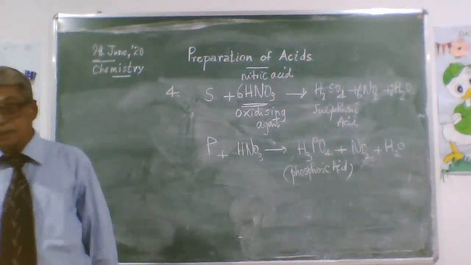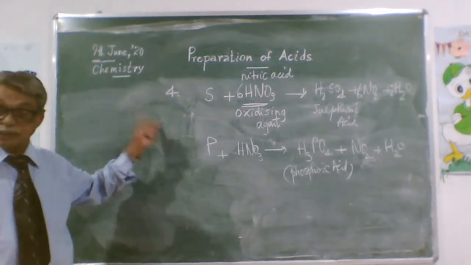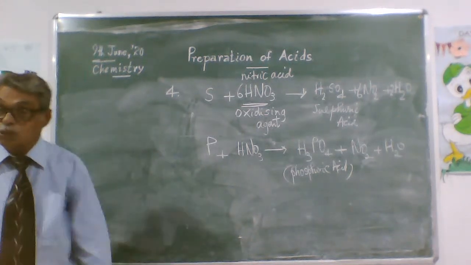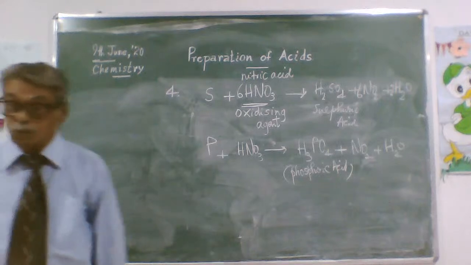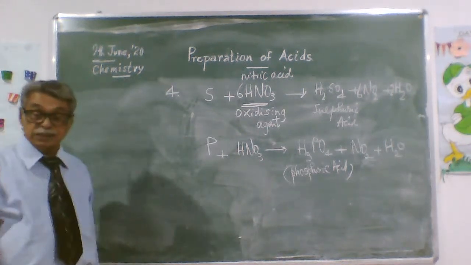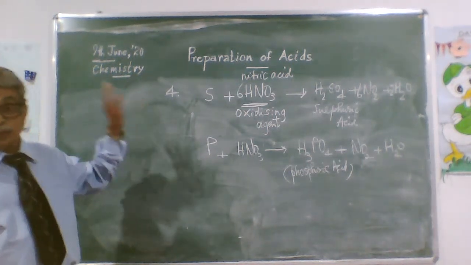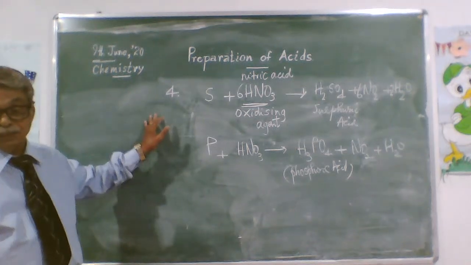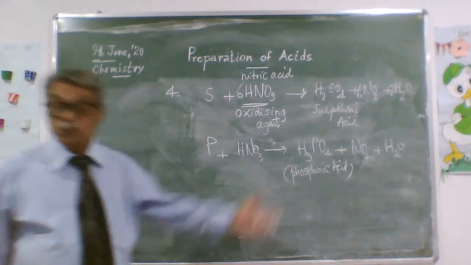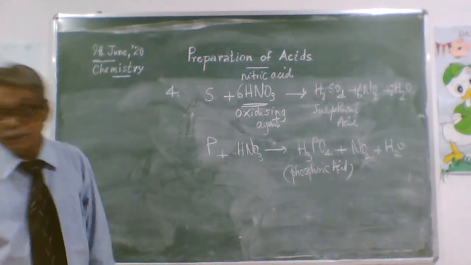The third method was double decomposition, or we consider displacement here. That is displacement of a more volatile acid by a less volatile acid from the salt. Salt plus a less volatile acid will give another salt and the more volatile acid. That's the third method.